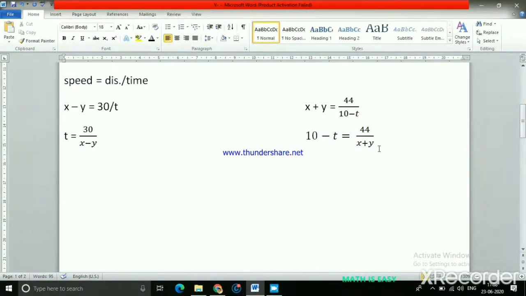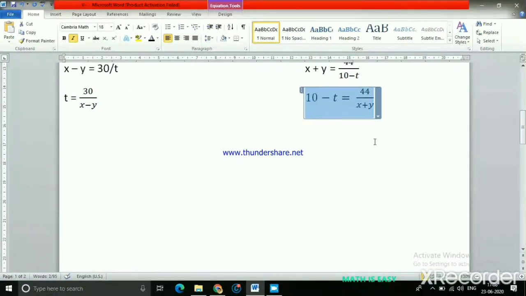Now in the equation 10 minus t equals 44 upon x plus y, in place of t I'll replace 30 upon x minus y.